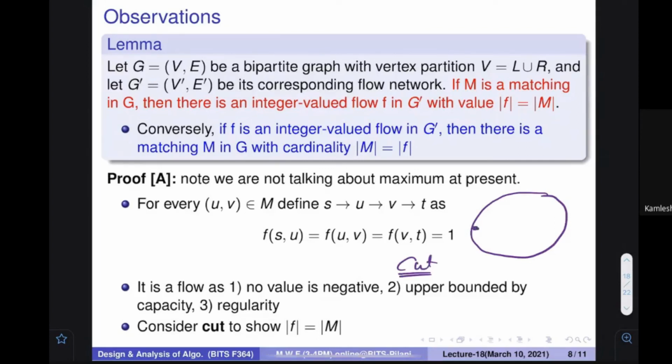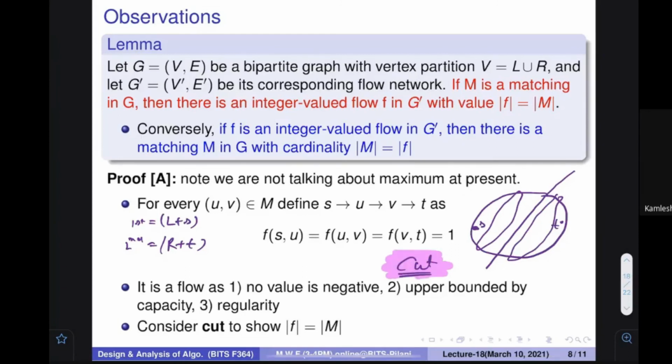If there is a node S and a node T, and you divide the nodes into two parts such that one set contains S and the other contains T, it is called a cut. The first set is L plus S, and the second set has R plus T. Why is it a cut?